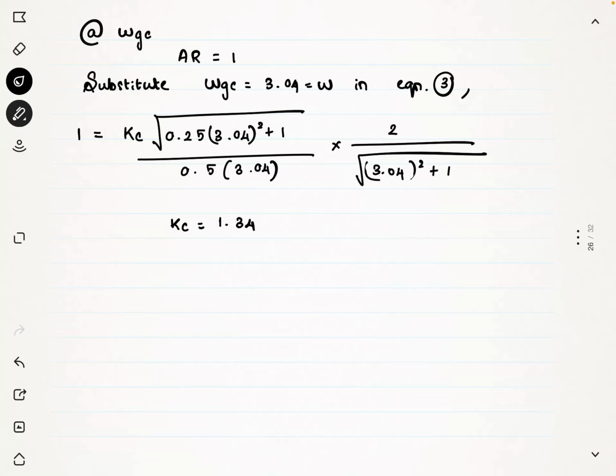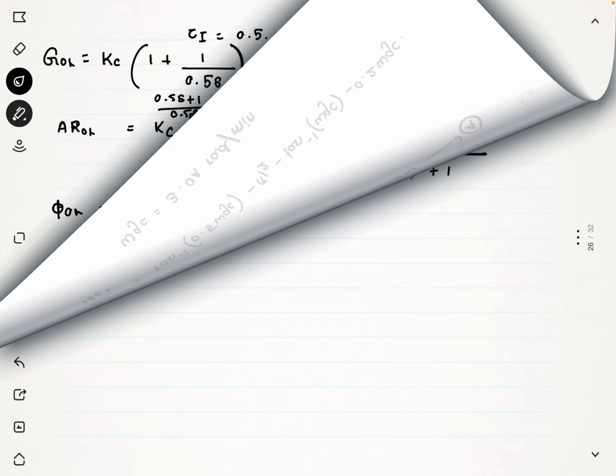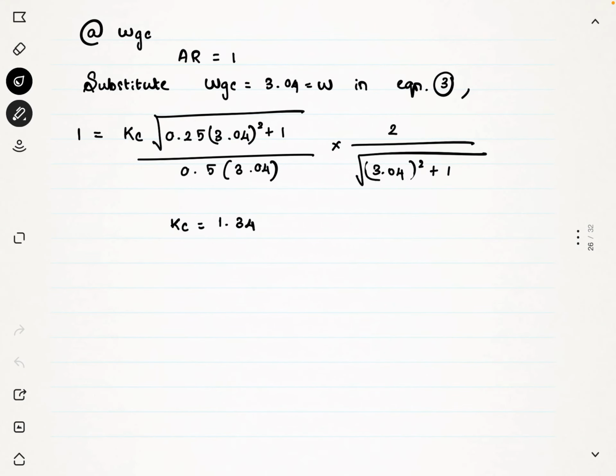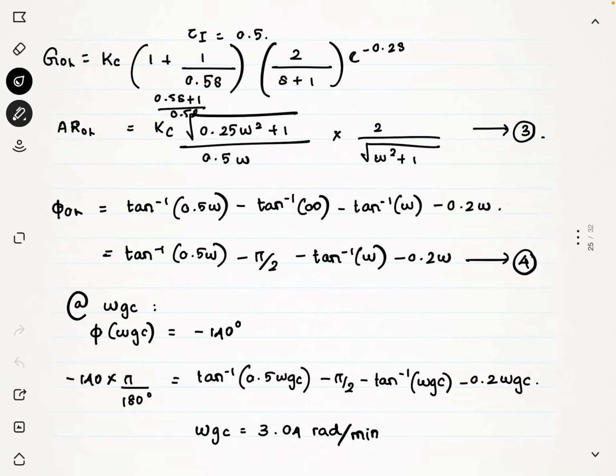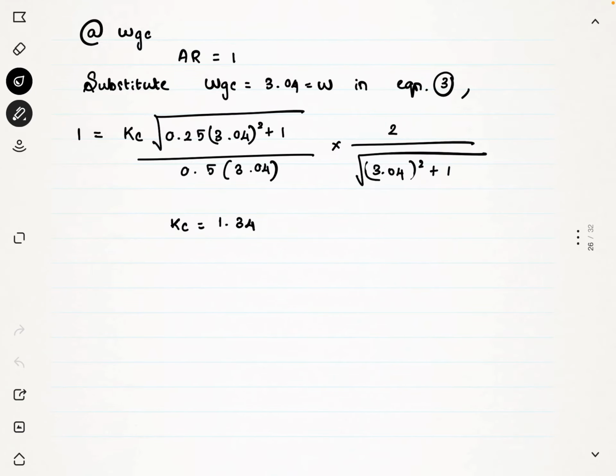So now we know all the terms in equation 2, but the question was to find the gain margin. So for gain margin, we should know the phase crossover frequency. So we have equation 4.